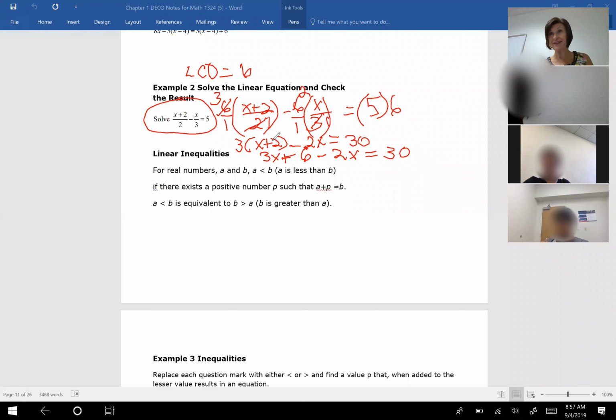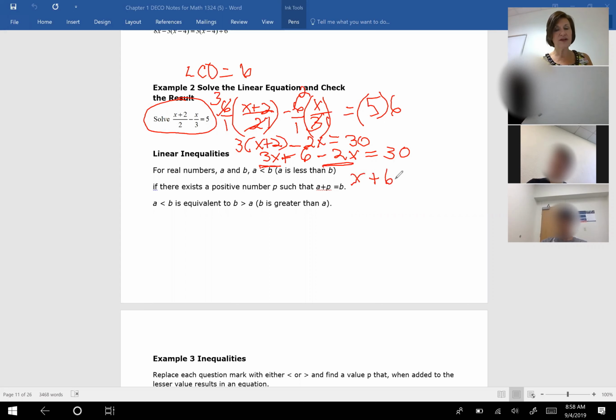Do you see some like terms on the left side? Yeah, so if I put these x terms together, what would that equal? Very good. It's a positive 1x, isn't it? If I have 3x and I take away 2x, that gives me a positive 1x plus 6.